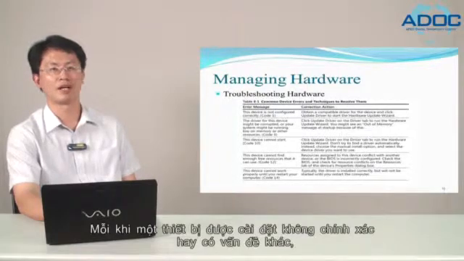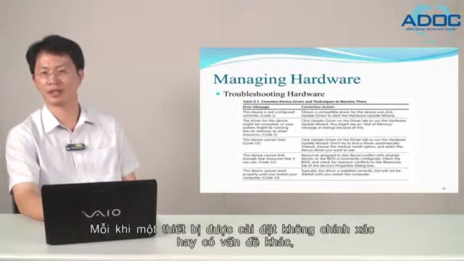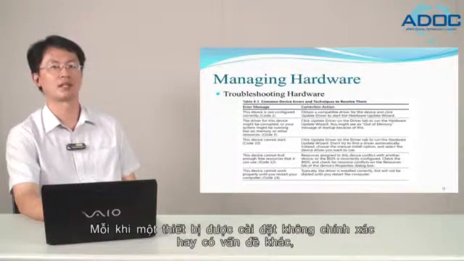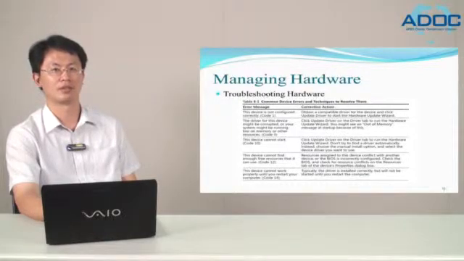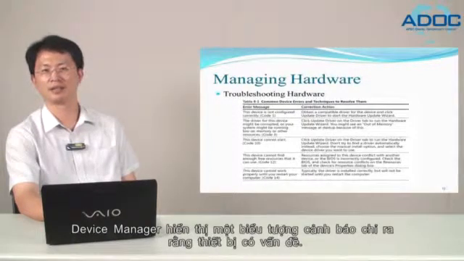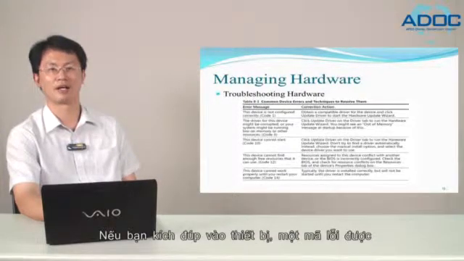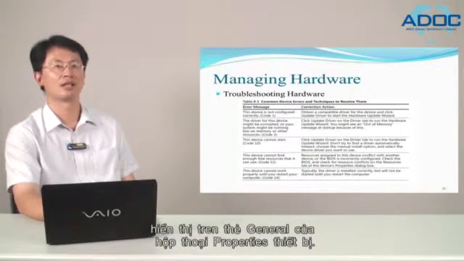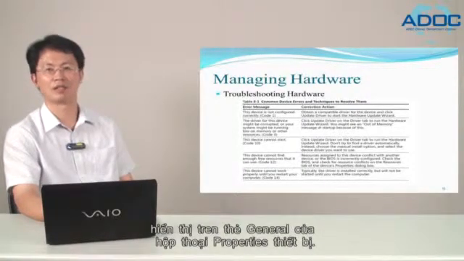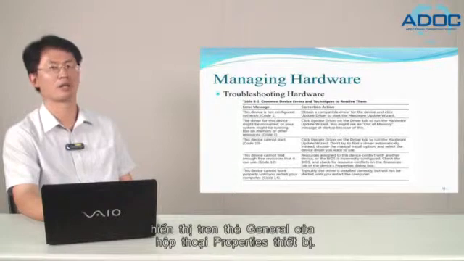So whenever a device is installed incorrectly or has another problem, Device Manager displays a warning icon indicating that the device has a problem. If you double-click the device, an error code is displayed on the General tab of the device's Properties dialog box.